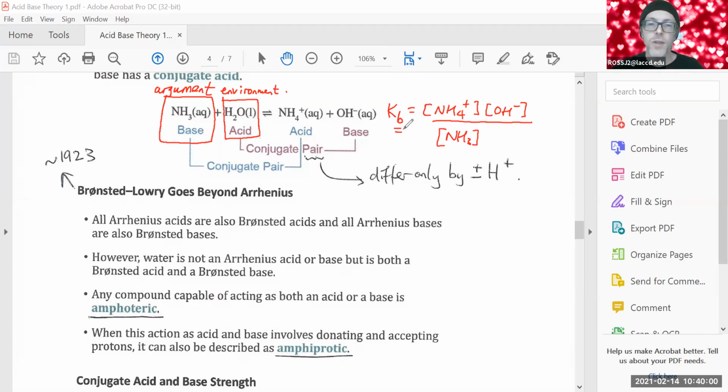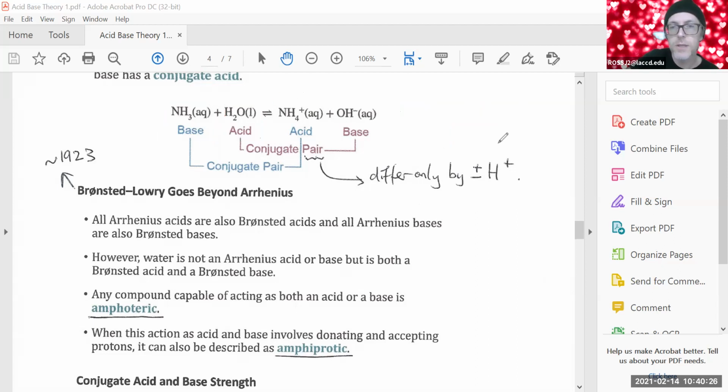Now, the K value, the equilibrium dissociation constant value, is always with respect to the argument, which is always going to be a reactant. You're never going to have a K value that talks about the products. So K is always about the argument, which is always a reactant. I want that to be clear before I erase it so I can scroll back.